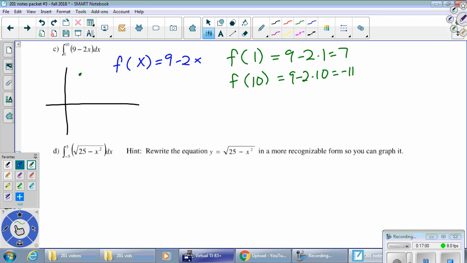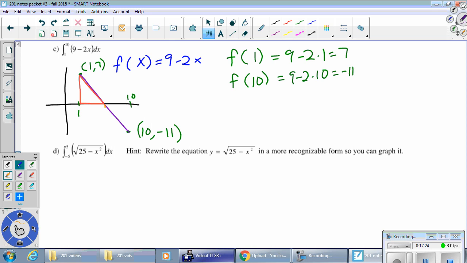So let's plot our 2 points. 1, 7. And 10, negative 11. Don't worry about scale. And then we'll connect the dots with our straight line. And again, 1 is here and 10 is here. And so be very careful as you shade in the area that you're interested in. So part of the area is this triangle.